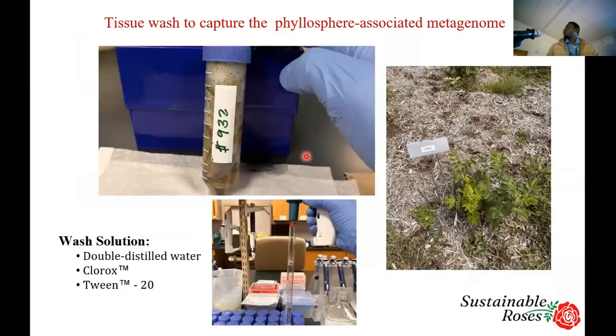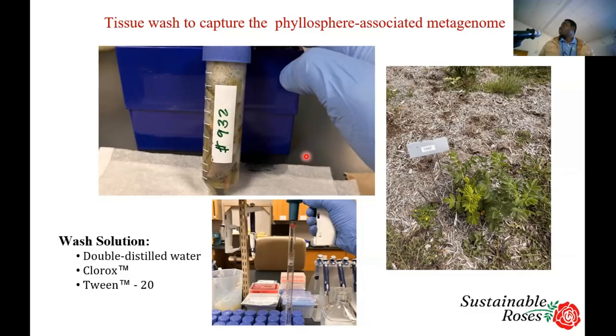All right, as part of the study, we wish to capture the phyllosphere-associated metagenome, and we do a tissue wash to capture it, in a wash solution that we prepare from double distilled water with Clorox and Tween 20 at 1%.